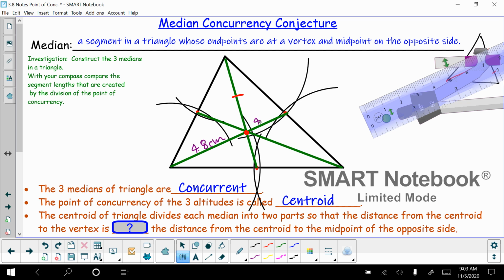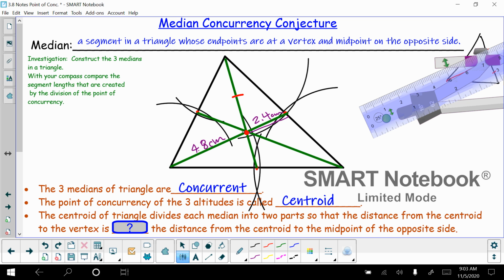And this little piece right here was 2.4 centimeters. You see that? So this little piece is always going to be half of this piece over here, or double, okay? This one is going to be double this small piece. So that's what the median concurrency point, the centroid, does to each of the medians.